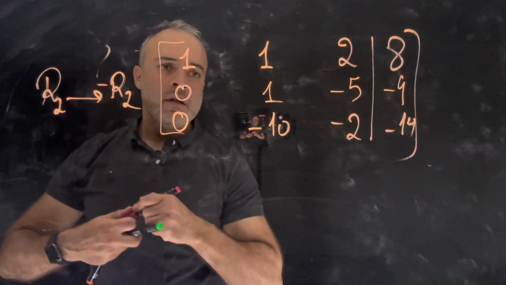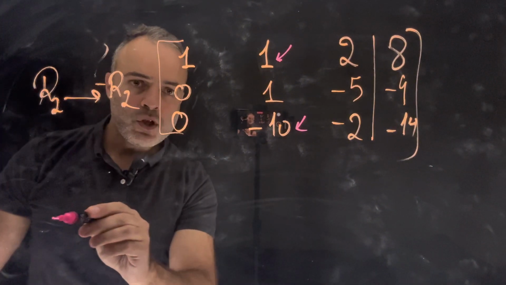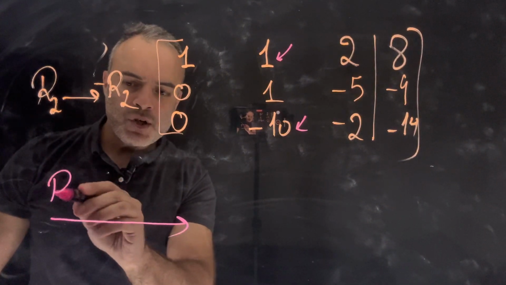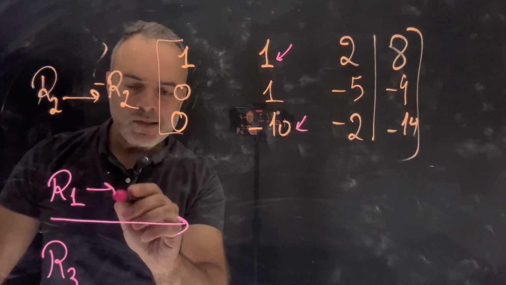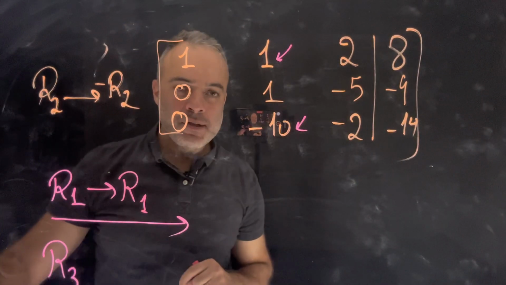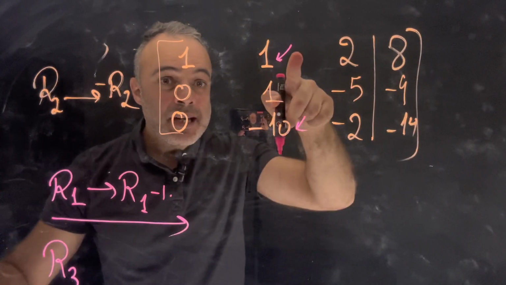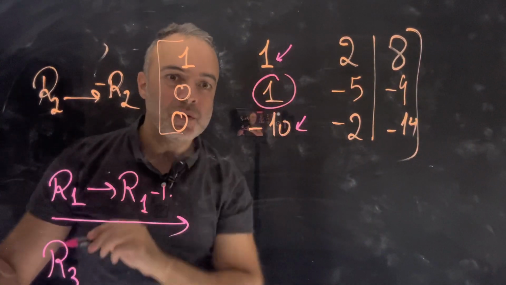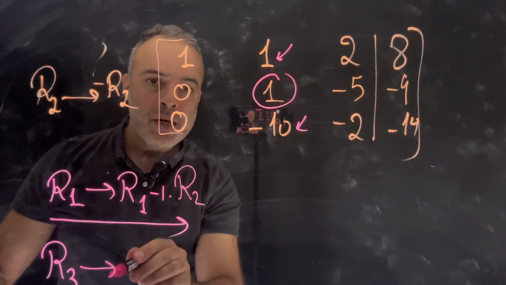All right. I want to convert this and this into zeros, which means I have to apply changes to R1 and R3. So R1, as we said, we copy it, R1, R1. What is the number that I convert into 0? It's 1. So I put -1, but I have to multiply it now by R2. Same for R3, R3.